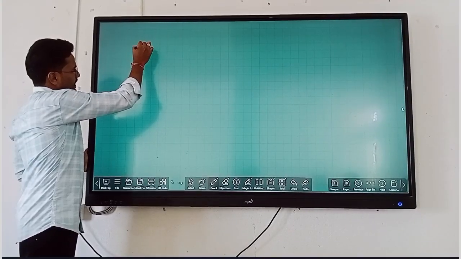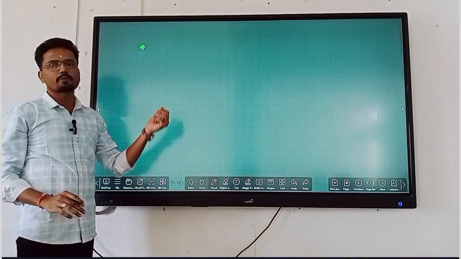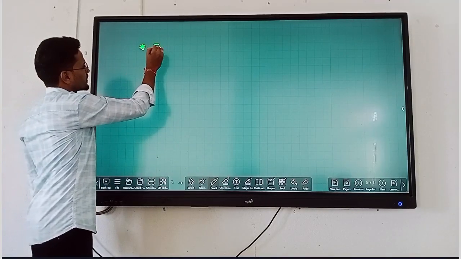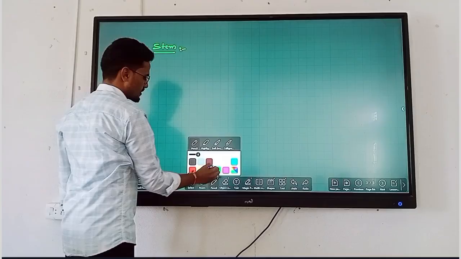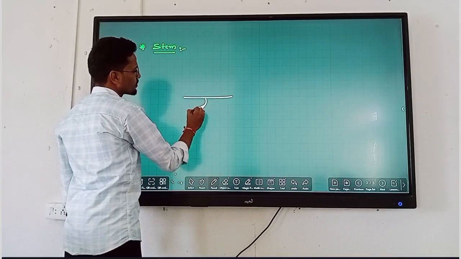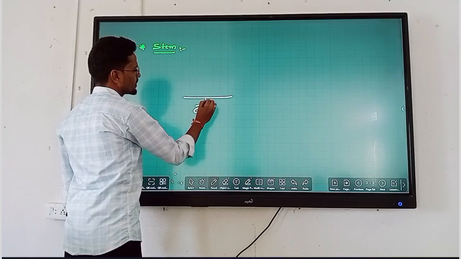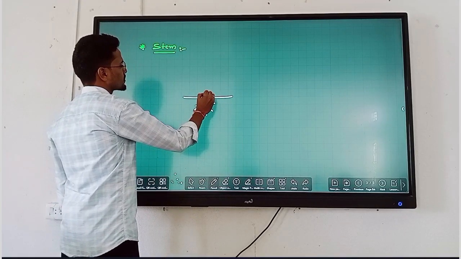Another important morphological character of a flowering plant is the stem. When we see the stem structure, it is an aerial structure, as we have already seen the root. This is the aerial portion.